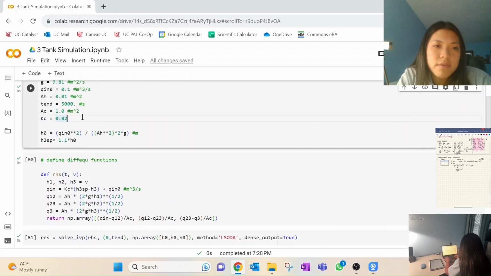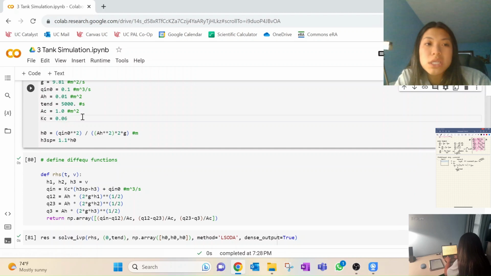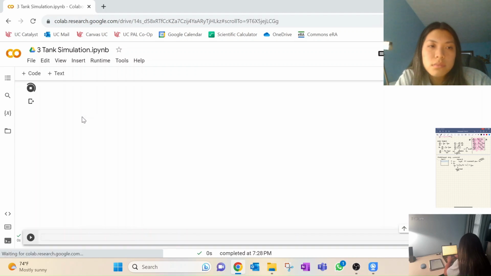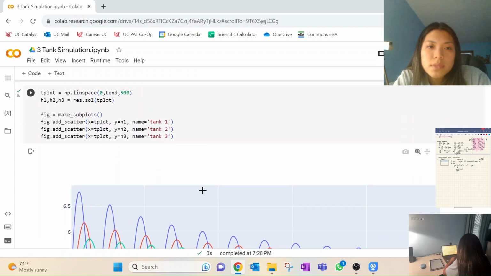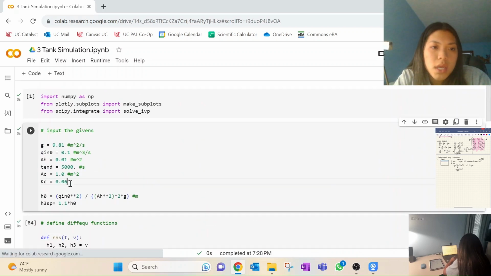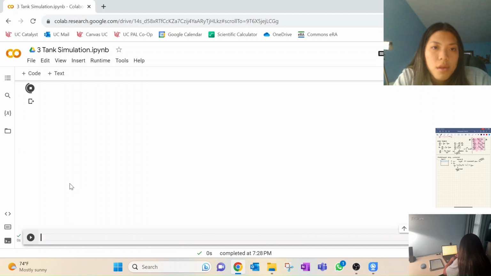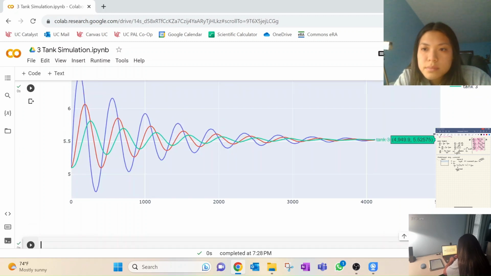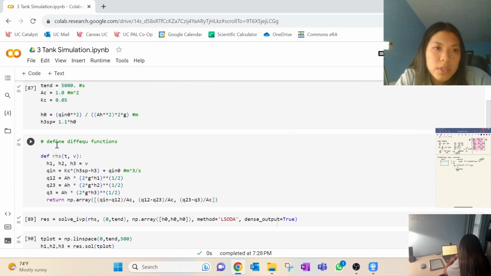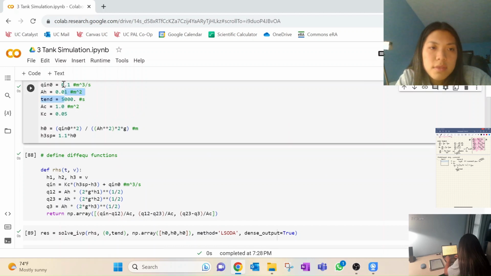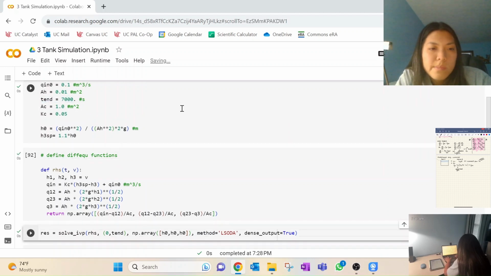So 0.07 kind of broke it. Let's try 0.06. Okay, still breaking it, so we'll just sit at 0.05. It's kind of reaching steady state, but there's still some wiggles here, so maybe we'll increase the time to 7,000. See if that makes it a little better.